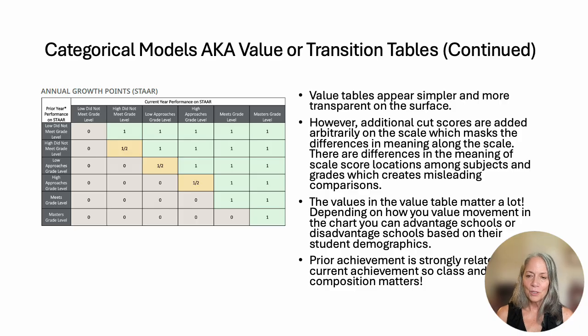But that strong correlation matters, which means that if you serve a lot of low achieving students, you're not going to see gigantic gains in achievement, and you're going to have to really make kids cross lines. That's a disadvantage. It's also different across subjects and grades. And so that becomes an incredibly important part of this.